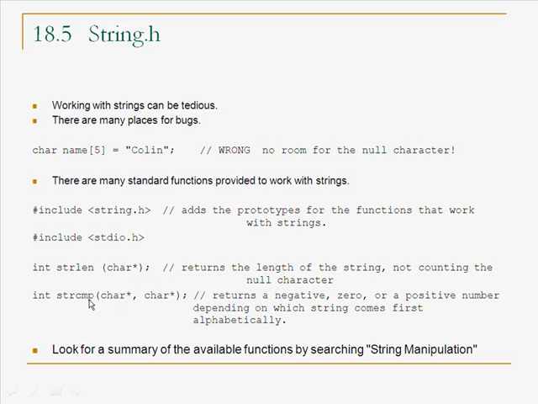Here's one called string compare, strcmp, and it returns a negative number, a 0, or a positive number, depending on which of these two strings passed in comes first alphabetically. So it goes through each of the characters in the string and compares them, and the first one that it comes to that's different, it will decide whether the first parameter comes before the second parameter.